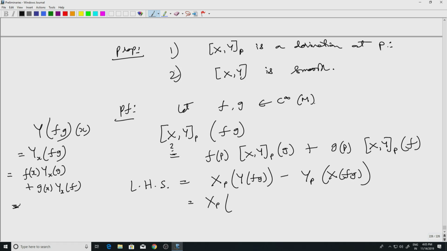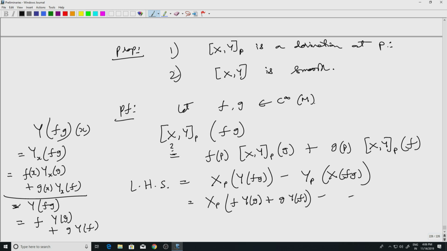If I don't want to mention x at all, the above equation amounts to saying that Y of fg equals f, this function f, multiplied by Y of g plus g multiplied by the function Y of f. So we can use this without mentioning x. So instead of Y fg, I put f times Yg plus g times Yf.